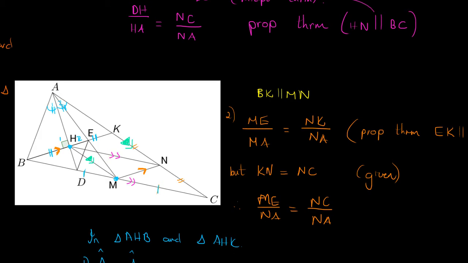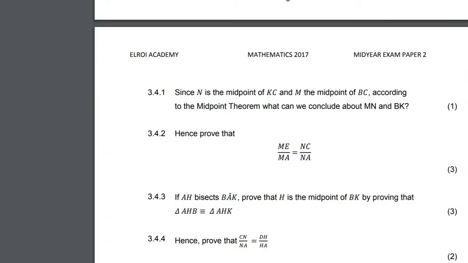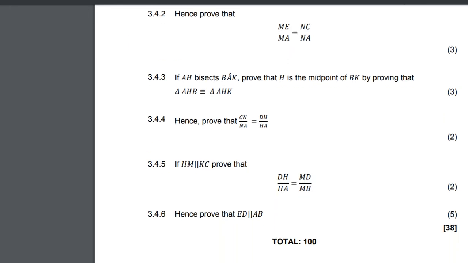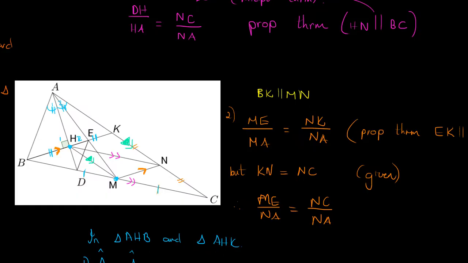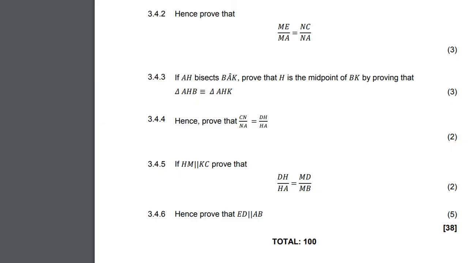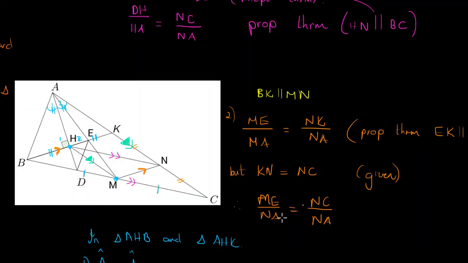Okay, last question. I think it's the last question. No. If HM is parallel to KC, prove that. HM is parallel to KC, okay, we know it is because it's midpoint to midpoint. If HM is parallel to HC, I shouldn't have put if there. Prove DH over HA, DH over HA, MD over MC.